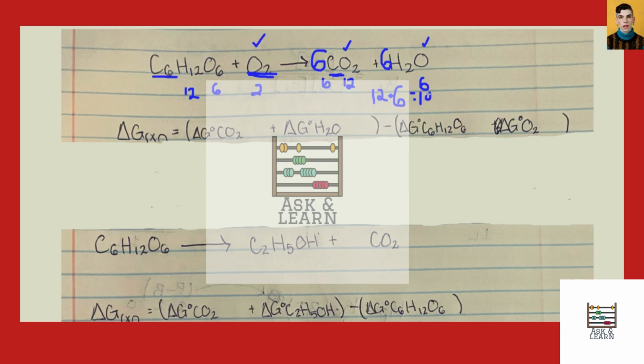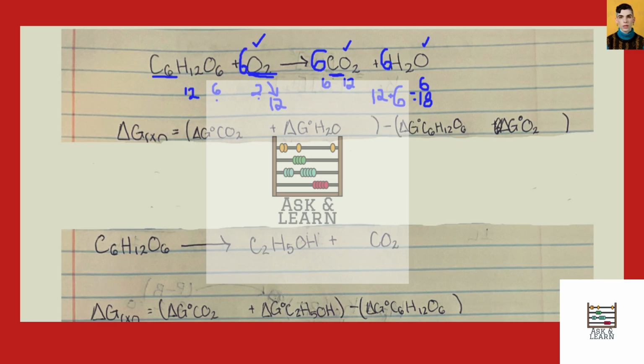And on the other side, we have 6 and then 2. So we need this O2 to give us 12 oxygens in order to balance, because if we have 12 there, then we'll have 18 in total. So by adding a 6, that is balanced.